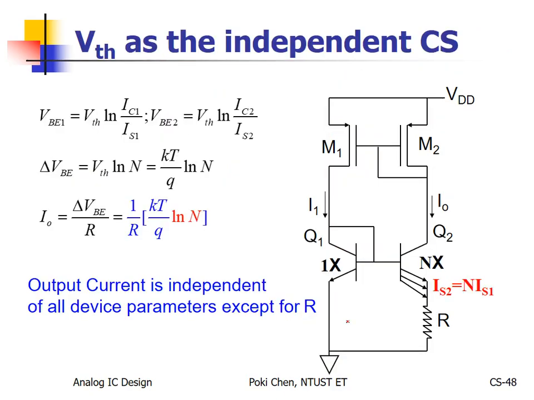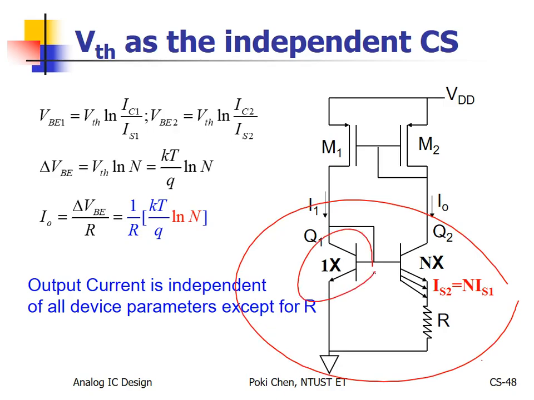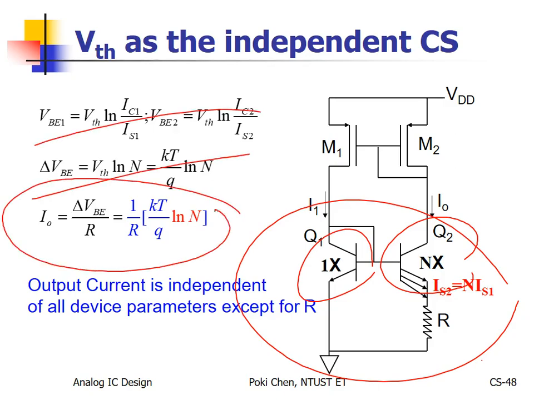What we can do is this one: a BJT and a BJT there. After a very simple derivation by yourself, piece of cake, let's look at the final result. Bingo!